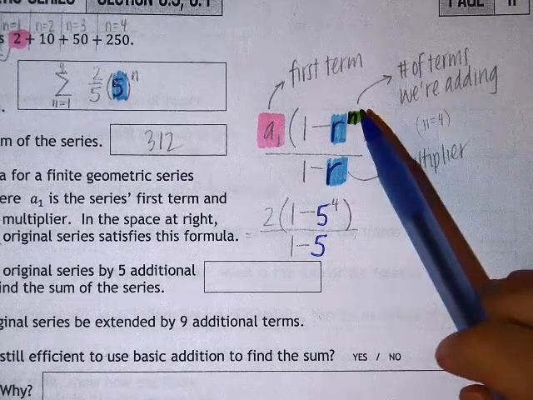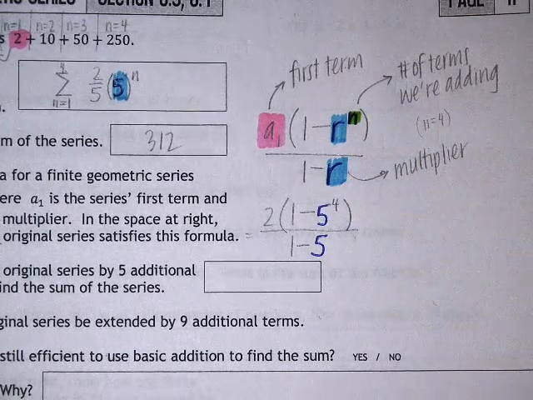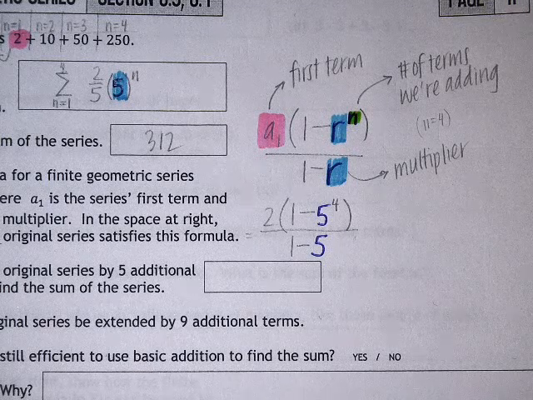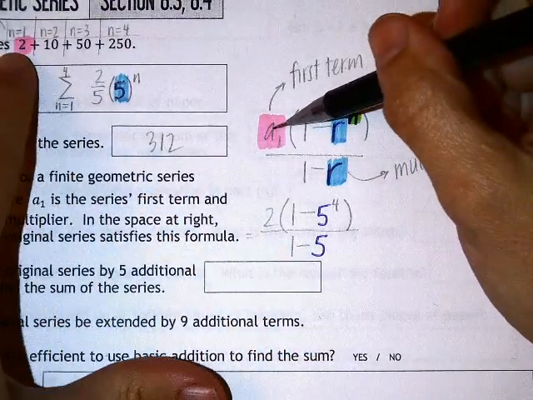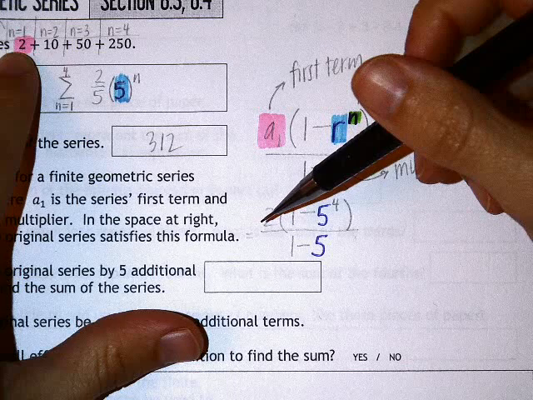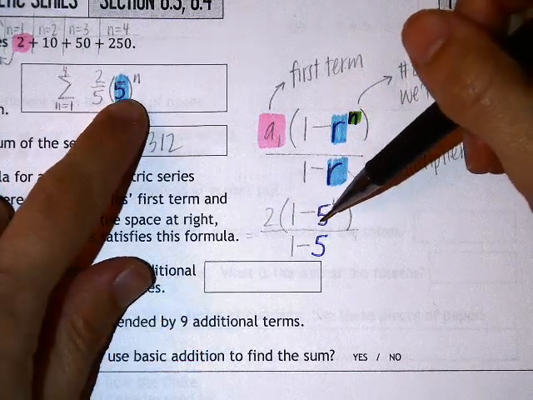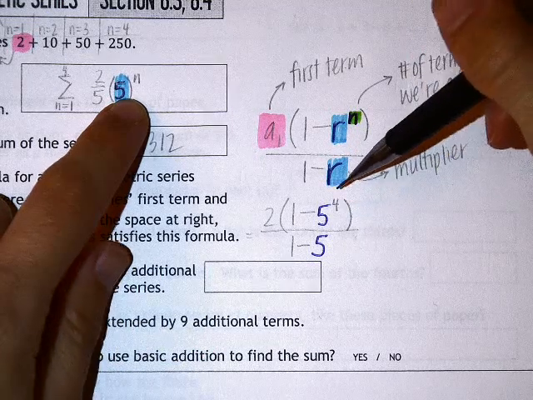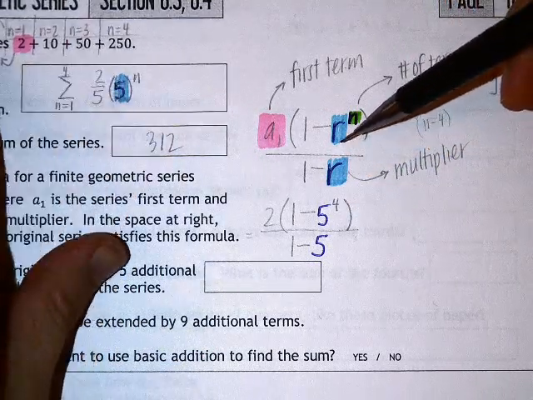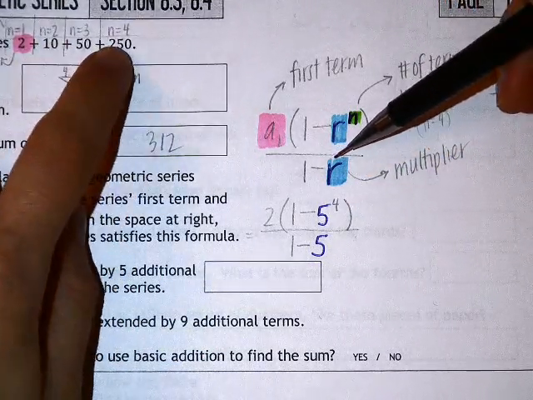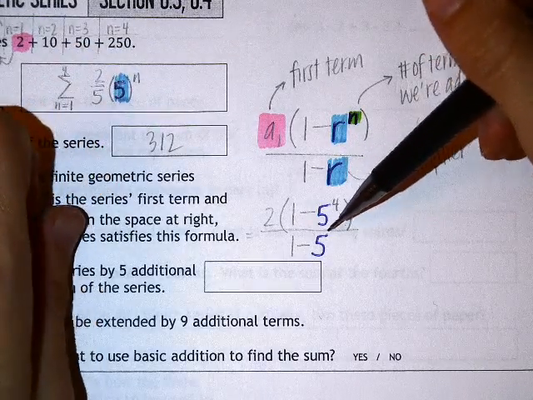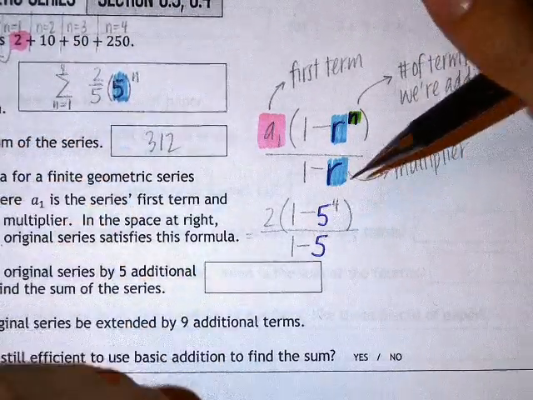N is the number of terms we're adding up, and R is the multiplier. So, by substitution, a sub 1 is the first term, that's 2 in this example. Parentheses 1 minus R, that's 5 in this example, the multiplier, to the power of N, that's 4 in this example, because there are 1, 2, 3, 4 terms, over 1 minus R again. So that's the same R.